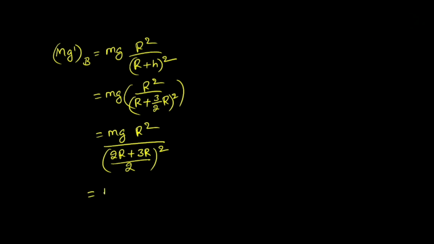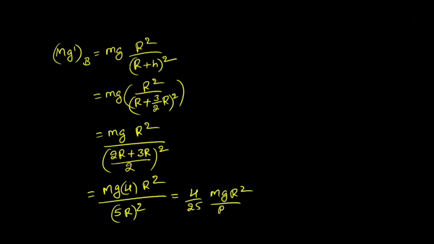It is mg into 4R square into 5R whole square, equal to 4 by 25 mg R square by R square. The R square part is cancelled. Finally, it is 4 by 25 mg.